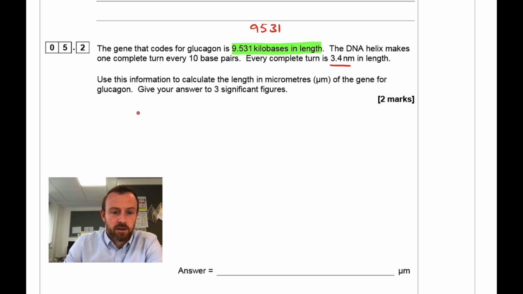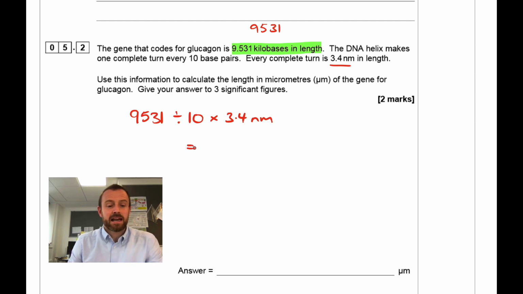So it's 9,531 divided by 10 times 3.4 nanometers, and that's going to give us a length in nanometers, and then it wants us to convert it into micrometers just for fun.